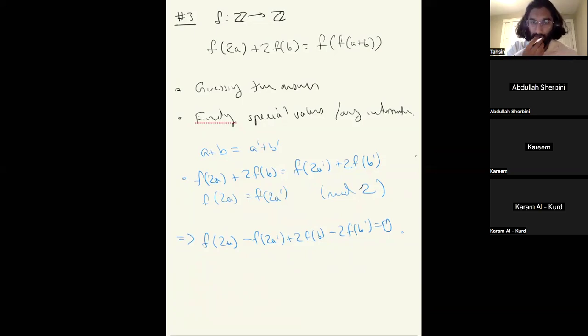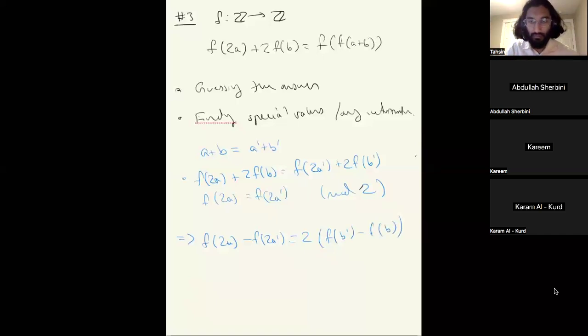I think the equation must be f of 2a minus f of 2a prime equal to 2f of b prime minus 2f of b. Oh, like this. Okay, I see. Great.